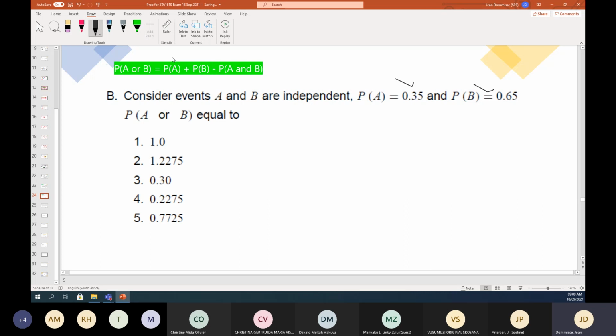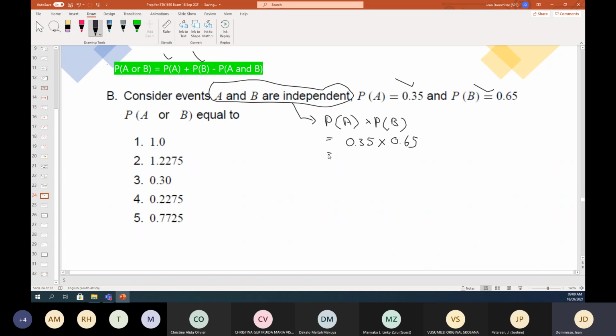So again, in here they give us those two probabilities. But now the probability of A and B are independent. If it is independent, we know that A and B is worked out as the probability of A times the probability of B. So that will be 0.35 times 0.65.